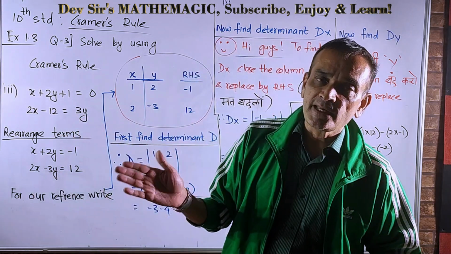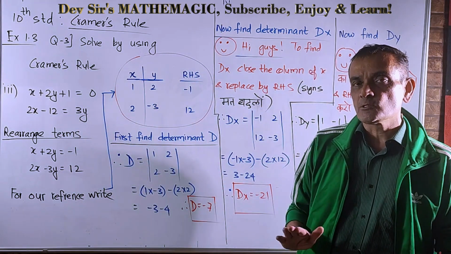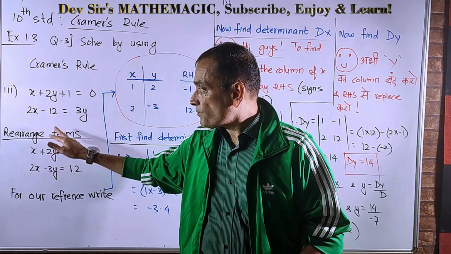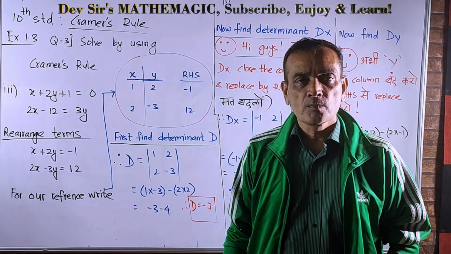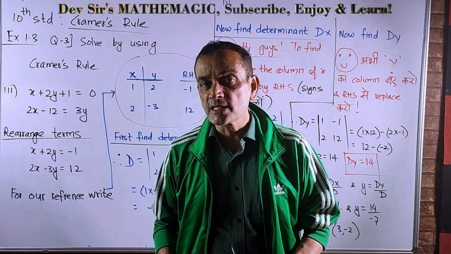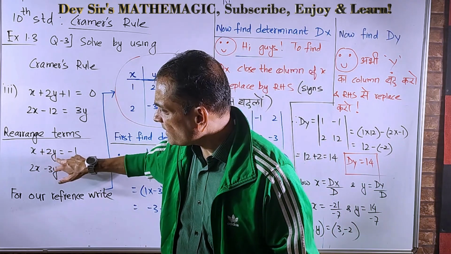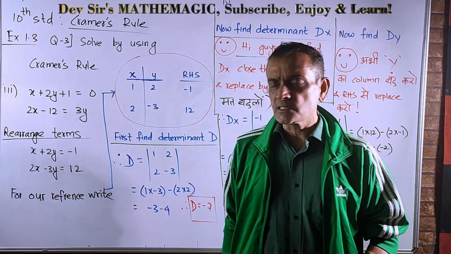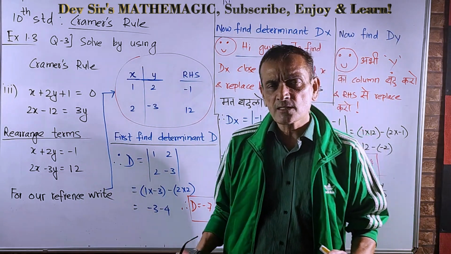When the numbers change sides, the signs also change. So minus 12 becomes plus 12. This is the first rule of this game: x and y on one side, constants on the other side. Understood? Simple.